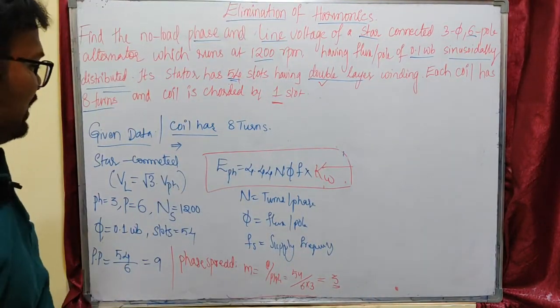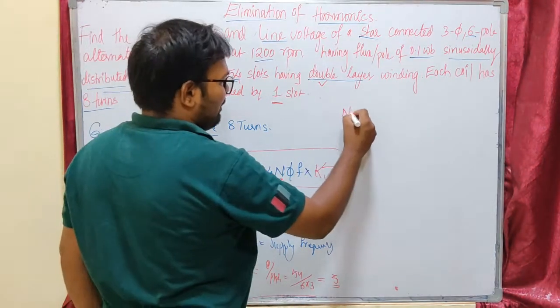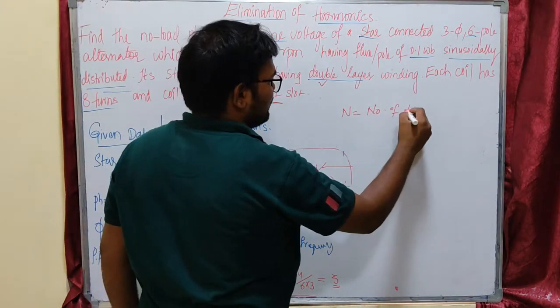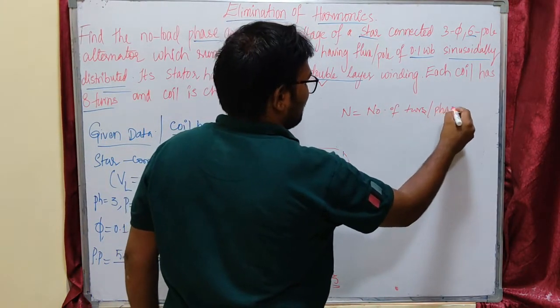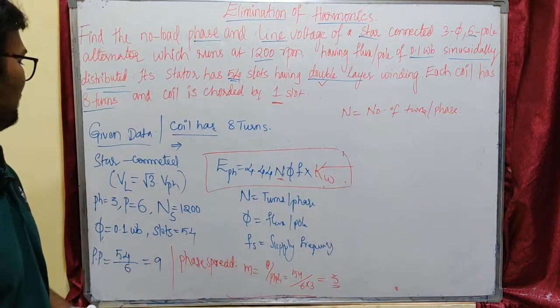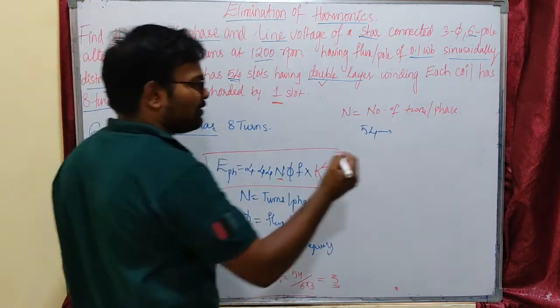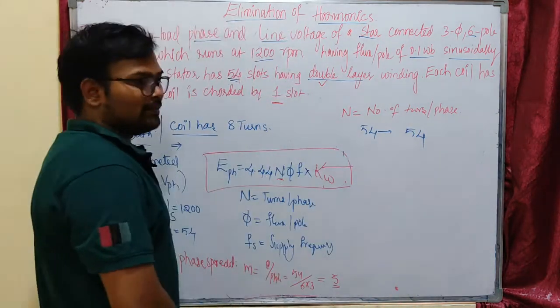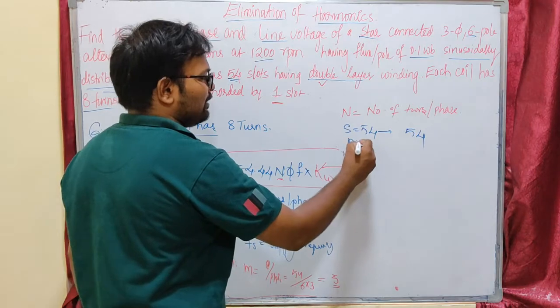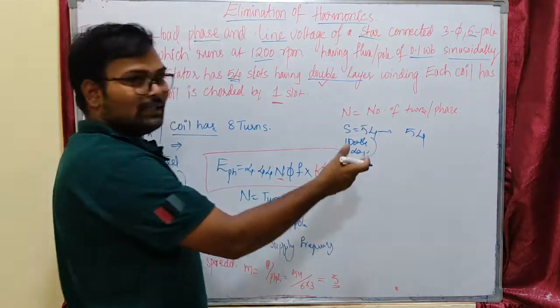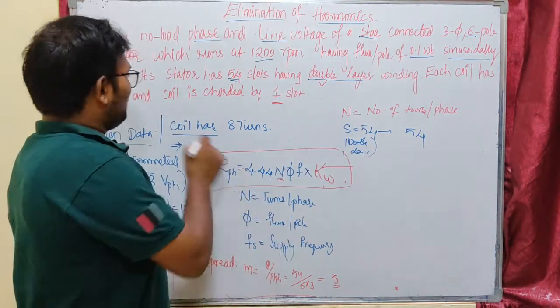For that we have to get these things. Here n is equal to the number of turns per phase. So what is the number of turns per phase? Here it has 54 slots, and for a double layer winding, the number of coils is also 54, and each coil has 8 turns.